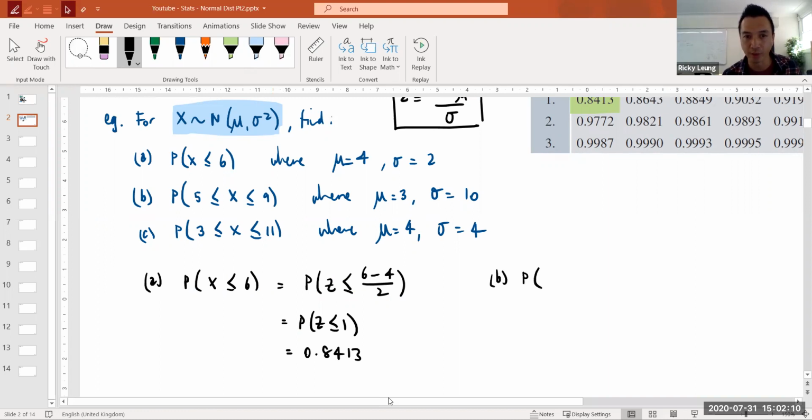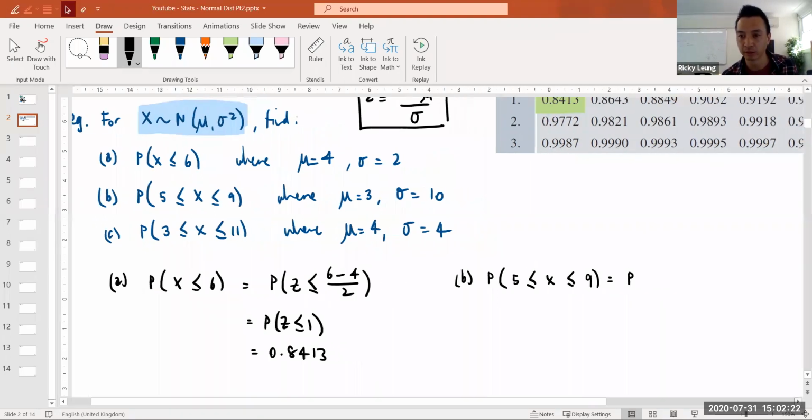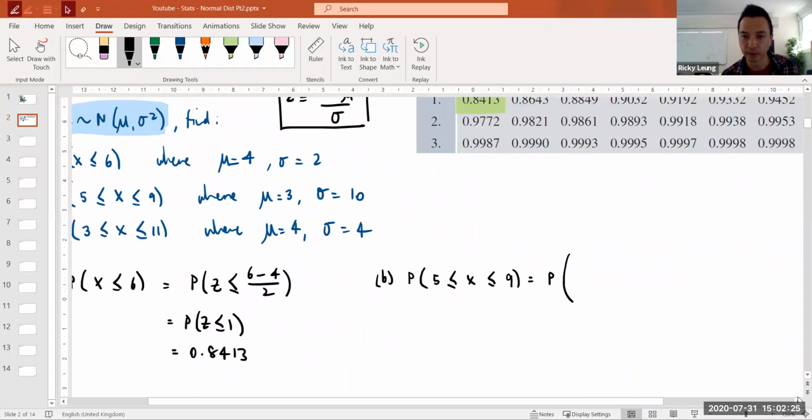Now part B. In this one, I want the values of X between 5 and 9, where I know X has mu of 3 and sigma of 10. So I'm going to convert this into an expression that has Z in the middle, where I take each of the 5 and the 9, subtract from both of these the mu, and divide both of those numbers by sigma.